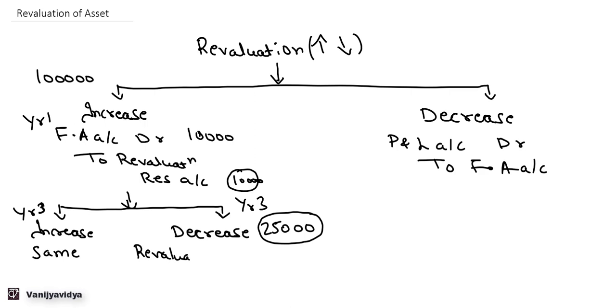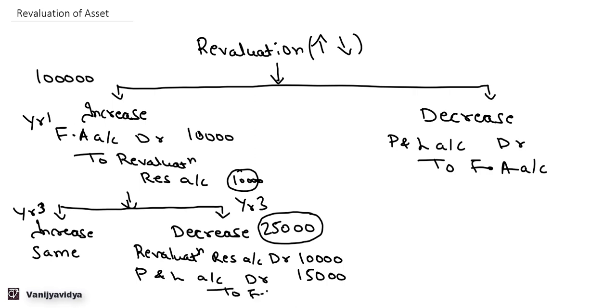So revaluation reserve account debit. What is the amount available? 10,000. Then profit and loss account debit. For profit and loss, 25,000 minus 10,000 is utilized from your revaluation reserve, so 15,000, to fixed asset account 25,000.